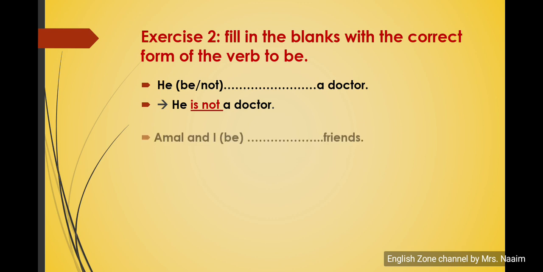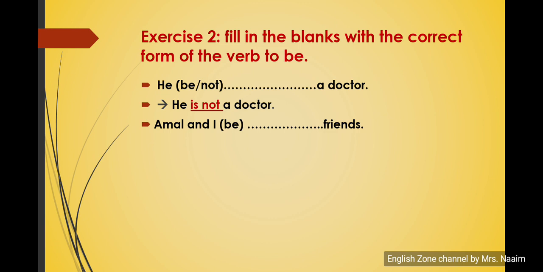Now we move to the second sentence. Amal and I, then we have be friends. Amal and I be friends. So yes, first, which form is this?